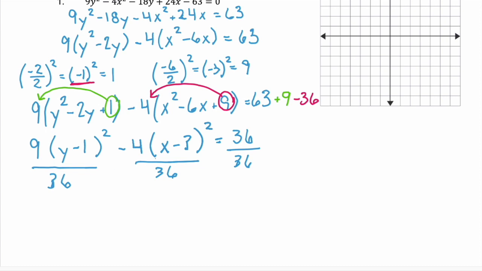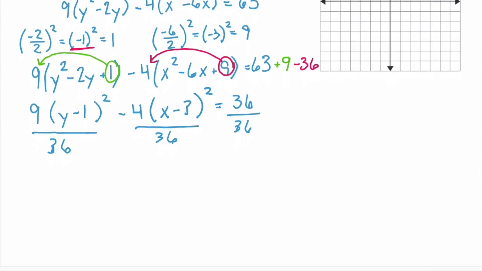Because if you get to this step and you don't have something that easily simplifies, you know there was a mistake a little bit earlier on. So go back and double check your work. Here, 9 and 36 and 4 and 36 have values in common. They're going to simplify each other, so we know we didn't make a mistake.